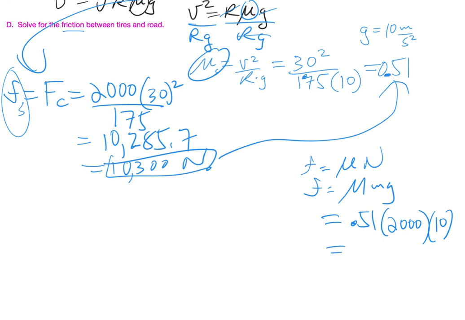And you get the same answer basically. It's off a little bit because I'm using 10 instead of 9.8. So 20,000 times 0.51 is about 10,000 newtons.